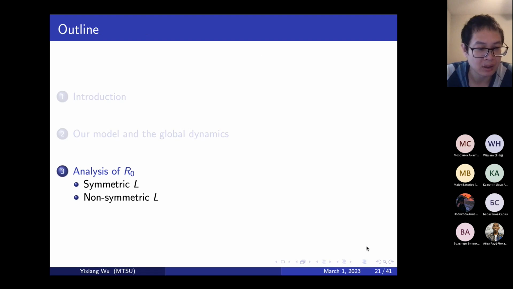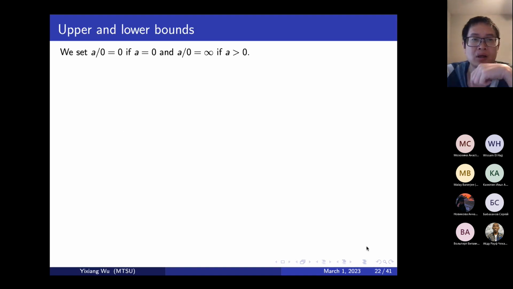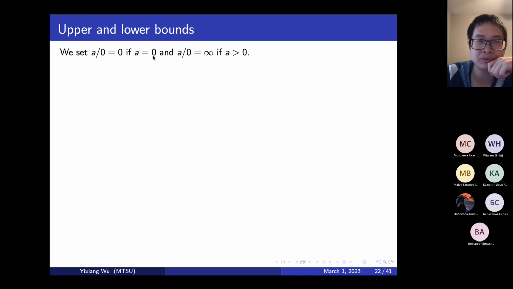Since the basic reproduction number is an important parameter, we will analyze R0. In the following, we will define A over 0 to be 0 if A equals 0, and A over 0 equals infinity if A is greater than 0.